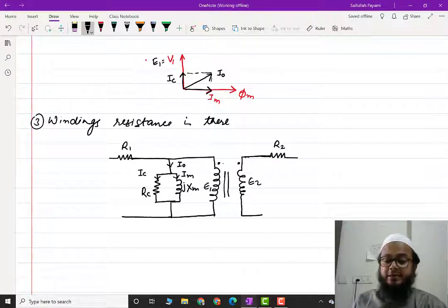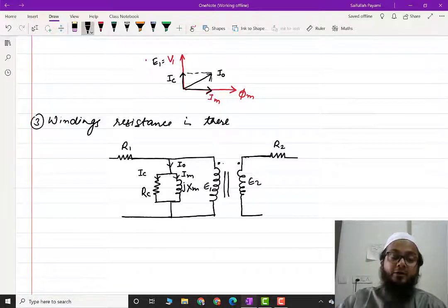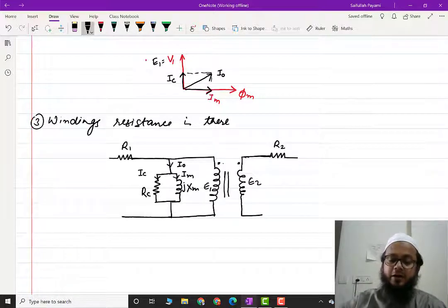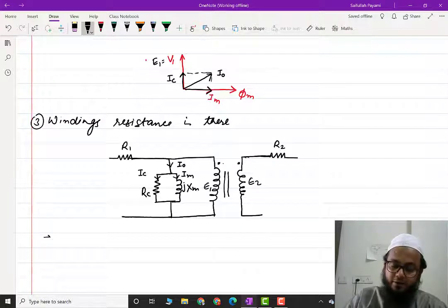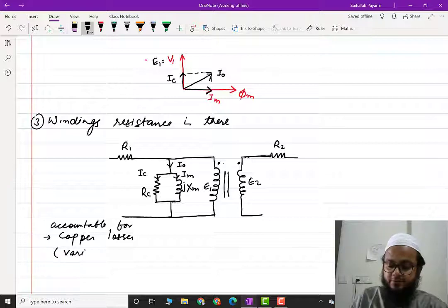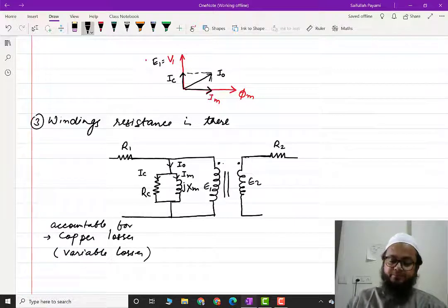Once the winding resistance is there, during load condition there would be losses in these windings, and as you vary the load, the losses in R1 and R2 will also vary. I square R losses will vary. So R1 and R2 are accountable for the copper losses, and we say the copper loss is a variable loss because it varies with the load.